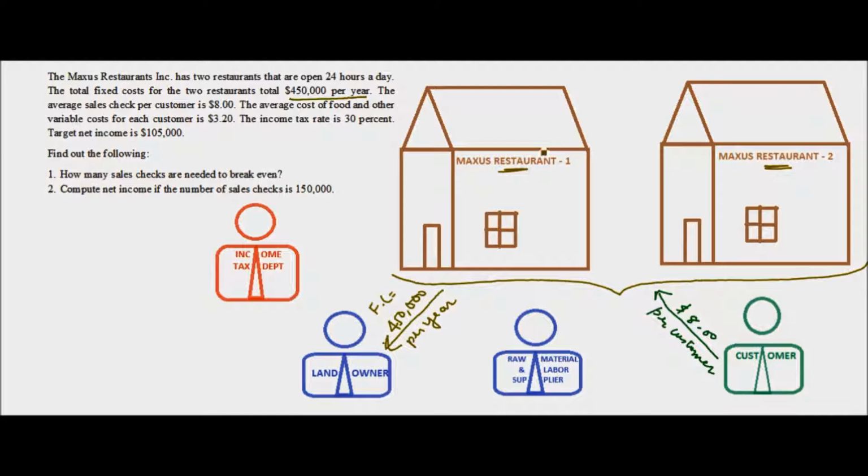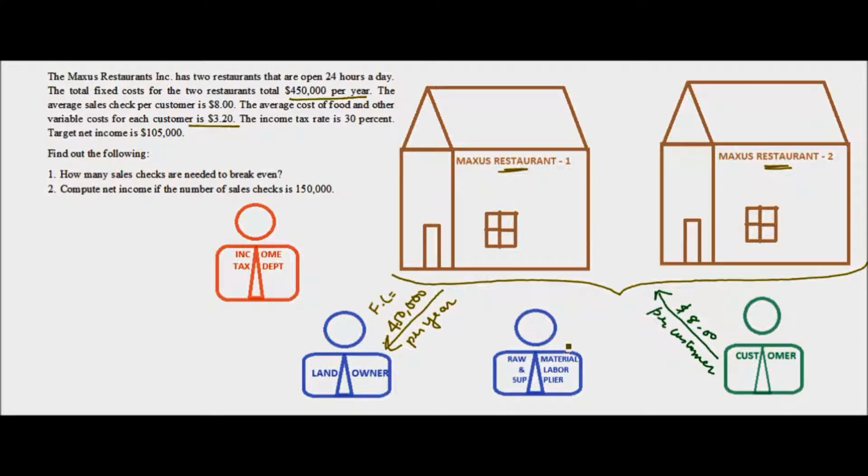Now for preparing food in these restaurants, you need the vegetables as well as cooks to cook the food. So all of that costs money, and the average cost of food and other variable cost for each customer is given to us as $3.2.